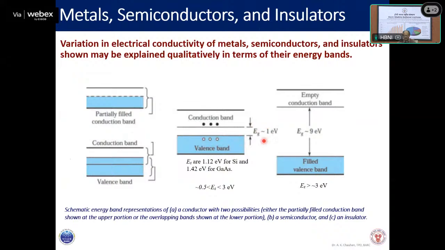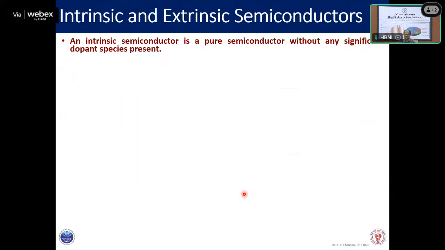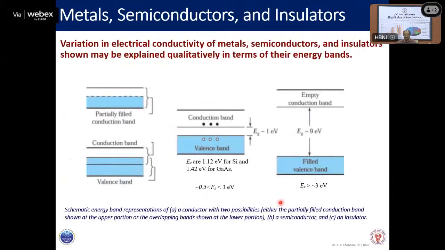However, if it is nearly in this range of 1 to 3 electron volt, you will have a reasonable number of electrons in the conduction band also. So this was just the difference between metals, semiconductors and insulators in understanding on the basis of the band diagram.